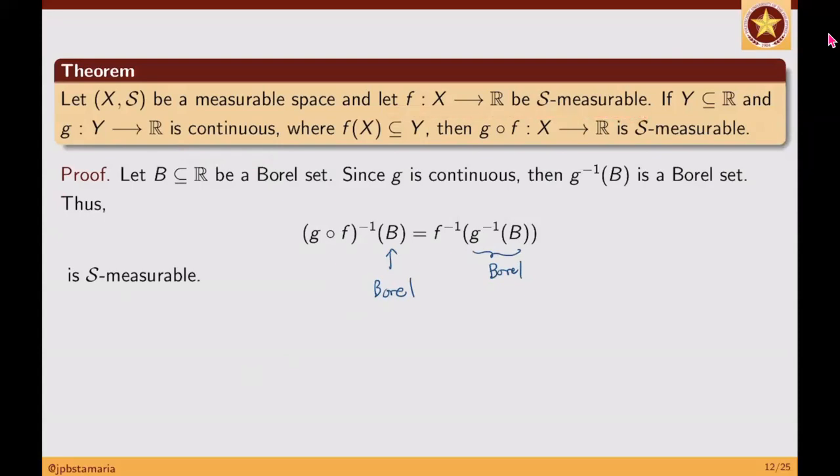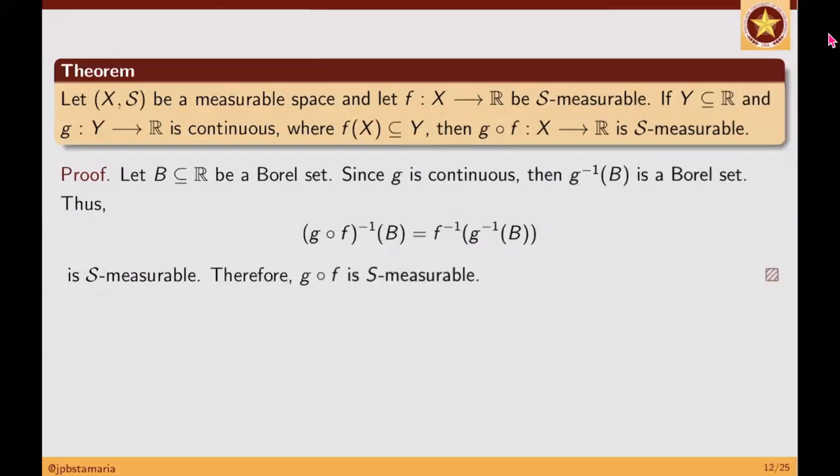Measurable. So anong inverse image ng Borel set? Ay, sorry. Hindi pala Borel measurable si F. Si F pala ay S measurable. So therefore, ito ay nasa S. O yun yung sinasabi kong S measurable. Because this happens for an arbitrary Borel set B, therefore we can now say that G circle F is S measurable.